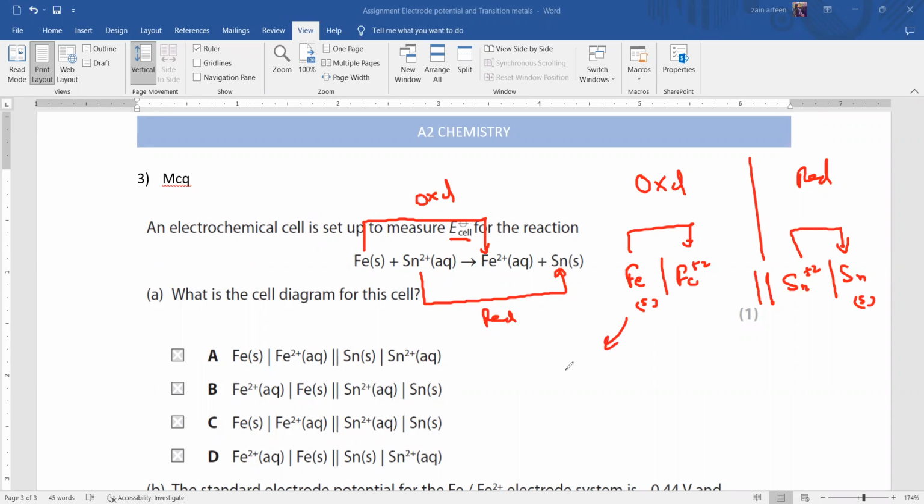So that is the electrode, then the electrolyte, the solution, and then the electrode. Which one does it match with? The state for the ion should be aqueous. So it matches with option C. So C is the right answer.